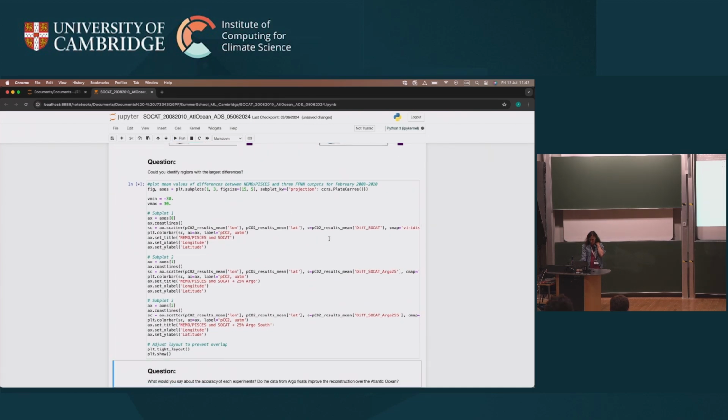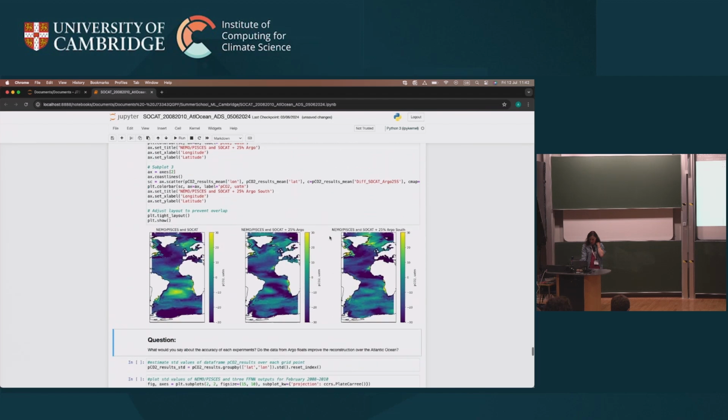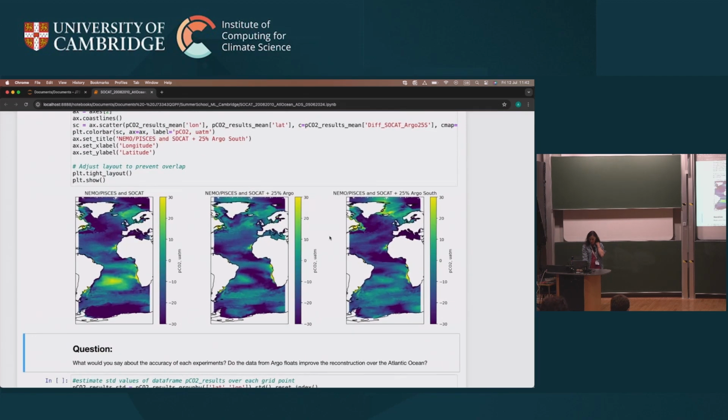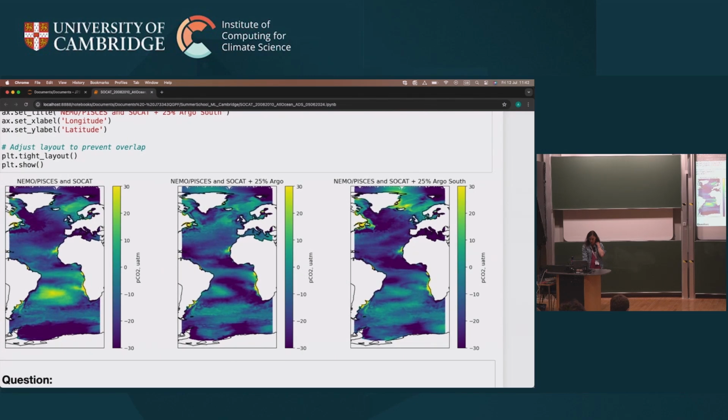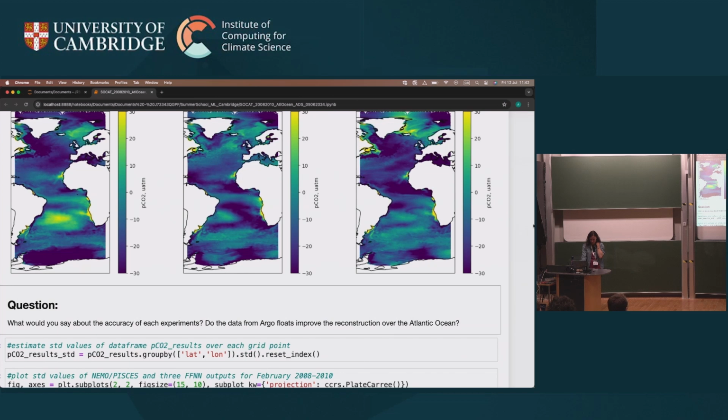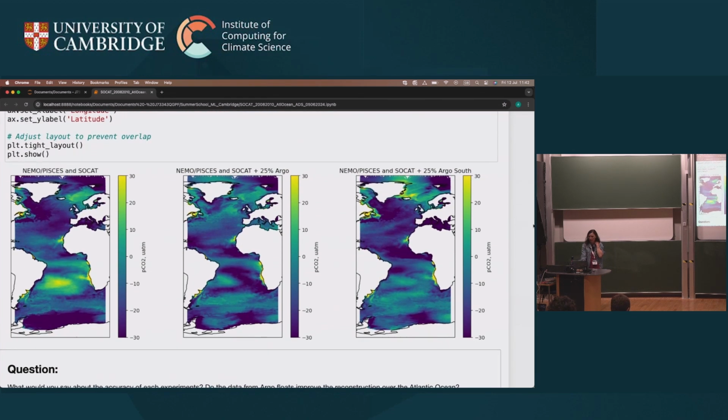And the next cell plots the differences. So what would you say? Which one would you choose? We introduce some Argo profiles. Does it improve? Does it matter if we have this data in the North Atlantic?